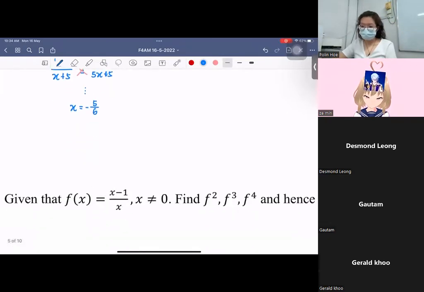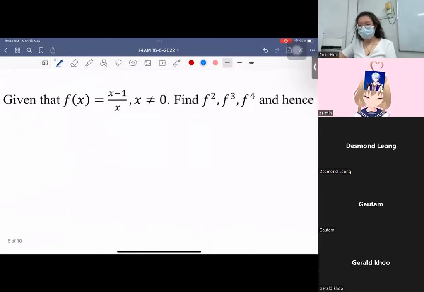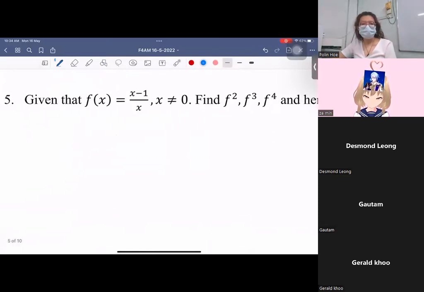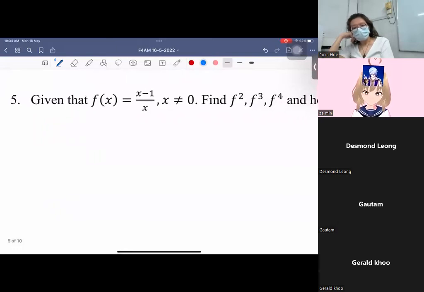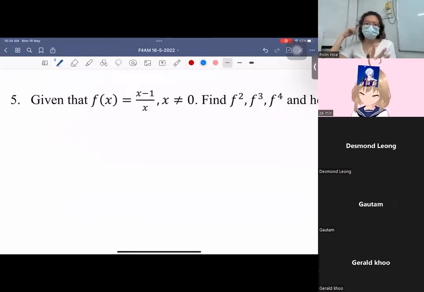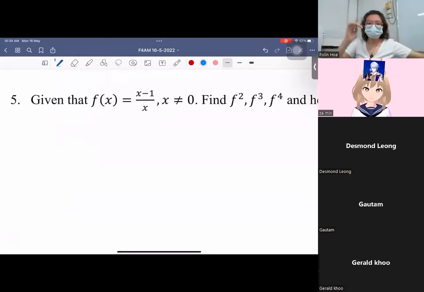Then next question. This one is just for fun. f(x) equals x minus 1 over x. Of course, x is not equal to 0. And then find f squared, f cubed, f to the power of 4, and hence deduce f to the power of 21. For this type of question, my friend, you have to know that definitely it will come back to f(x).